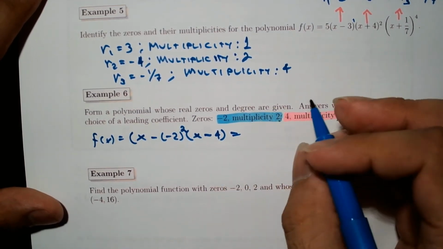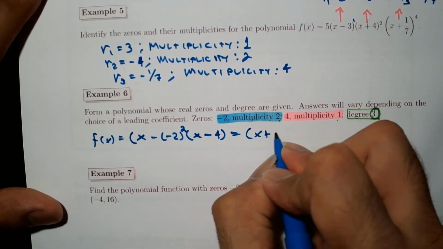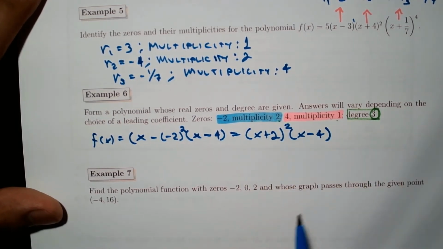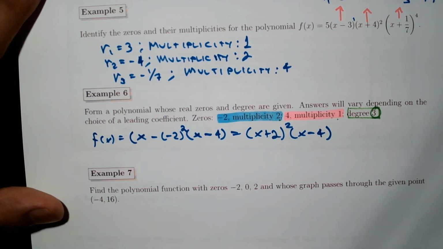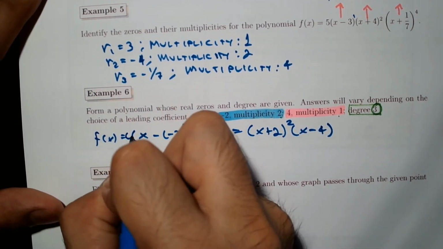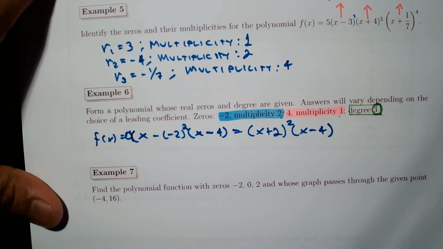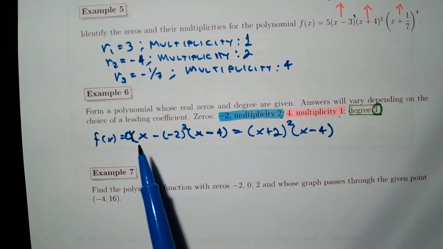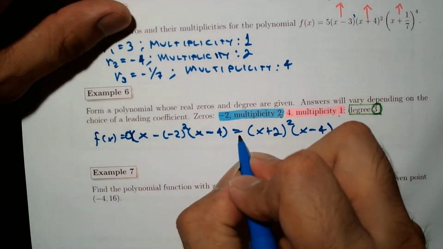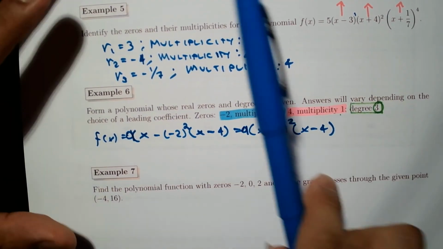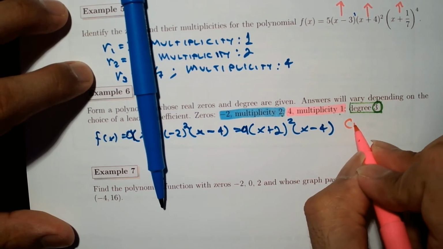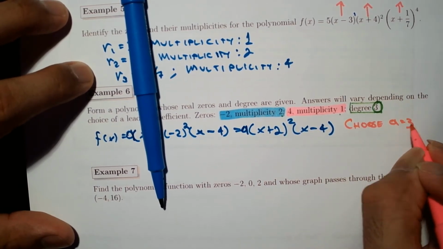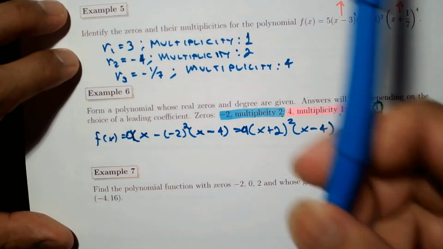I'm going to get x plus 2 squared times x minus 4, and keep in mind that a, again, that's the reason for which answers may vary, is due to our choice of a. So in this case I will choose a equals 3. Don't be afraid to have a big number, that's fine.